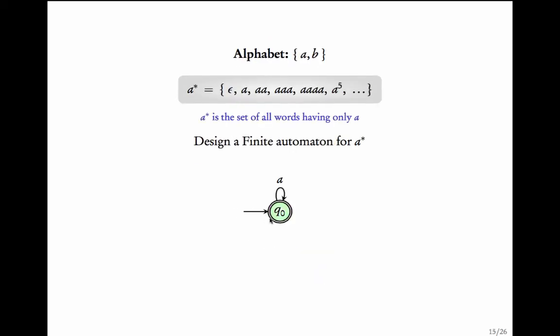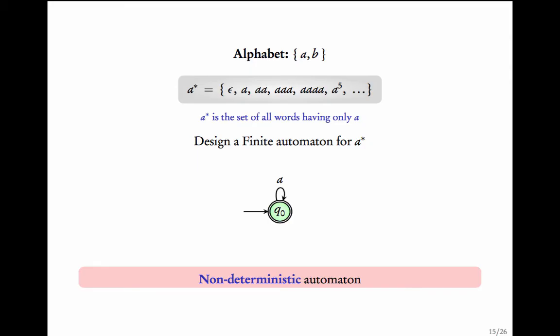However, here at Q0 on a B, you do not know what to do. But still, the automaton accepts this language. This is the language of this automaton. An automaton with this feature is called non-deterministic.